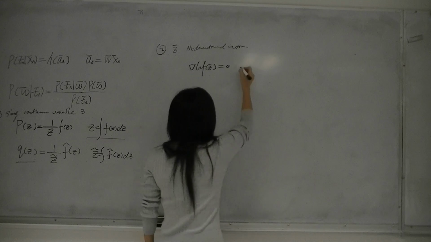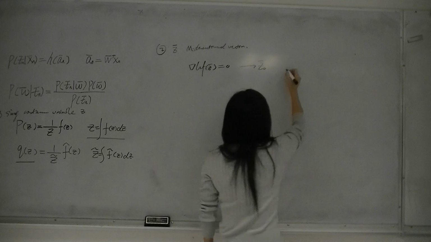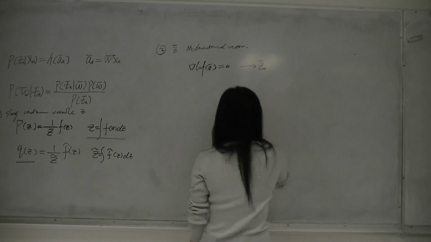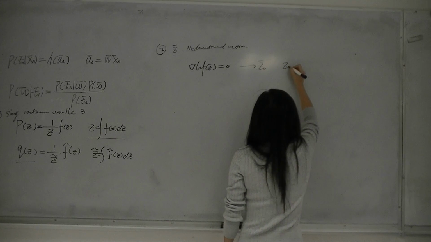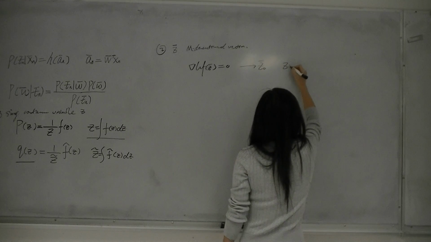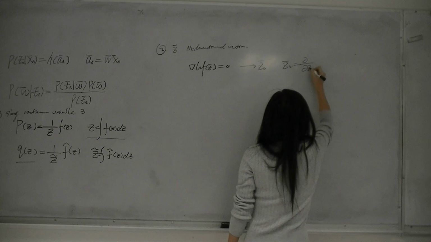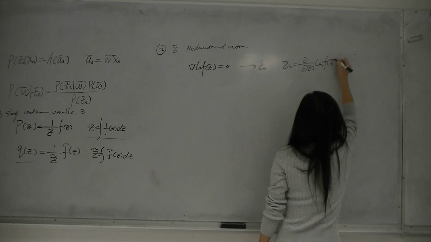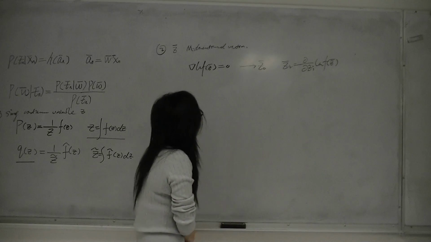Then we can get the point z0, where the gradient component i is equal to the first derivative of ln f(z) with respect to z_i.